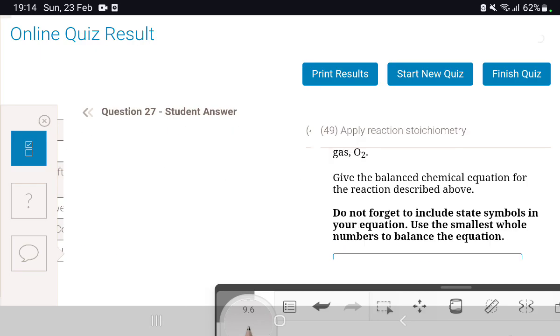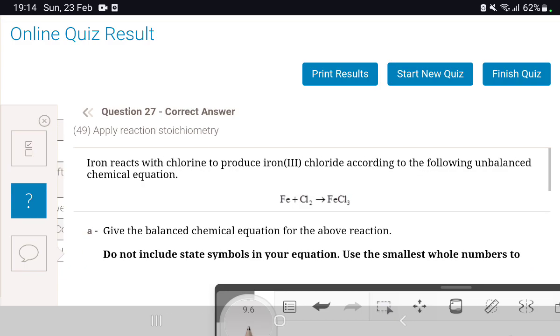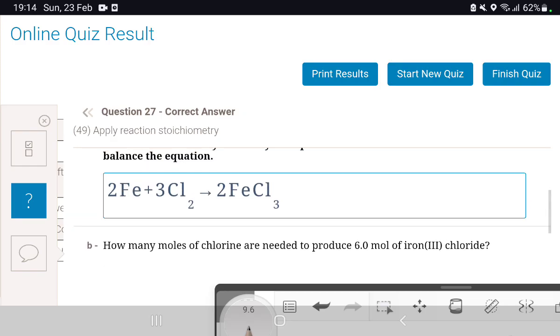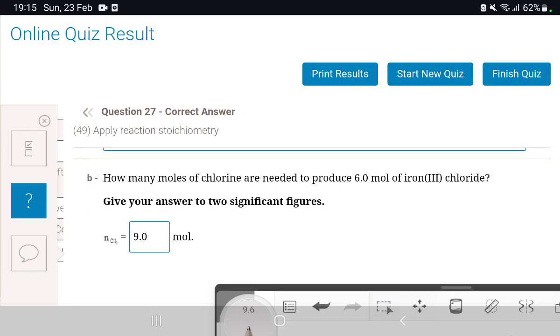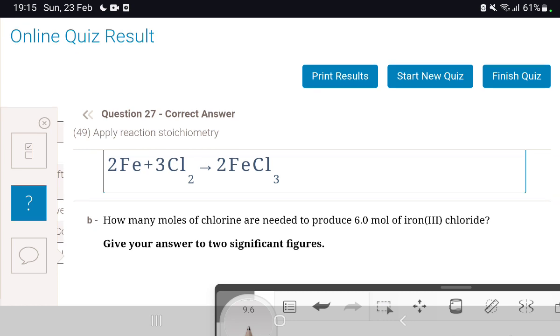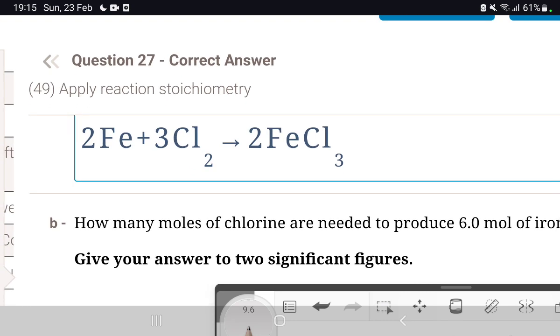Number 27. Okay, so part A, as I said for the last question, I cannot explain, but how many moles of chlorine are needed to produce 6 moles of iron chloride? Here they said iron chloride should be 6, so we multiply the whole equation by 3.